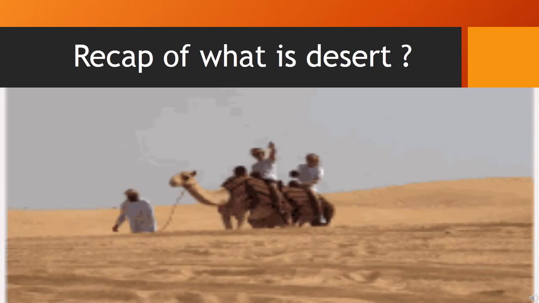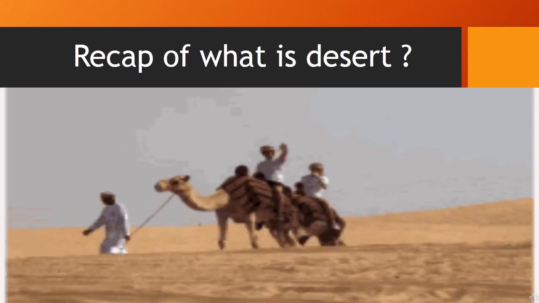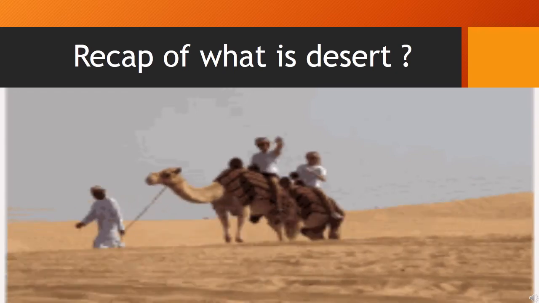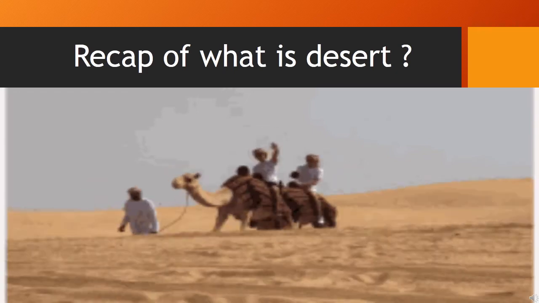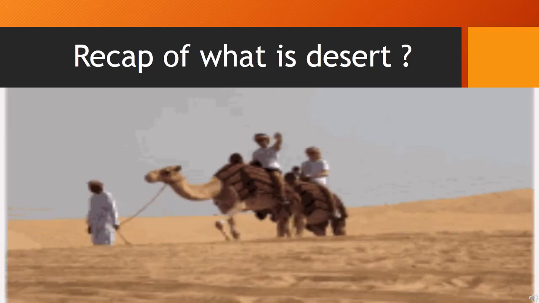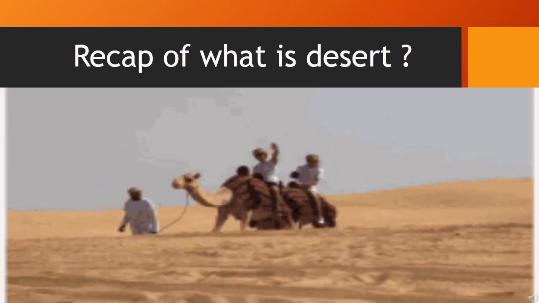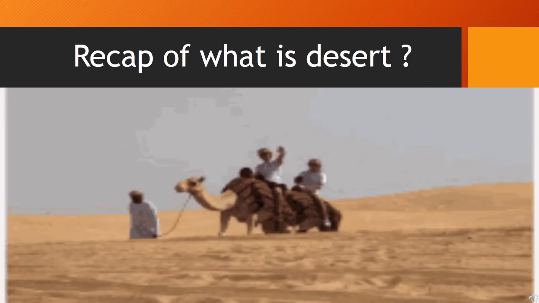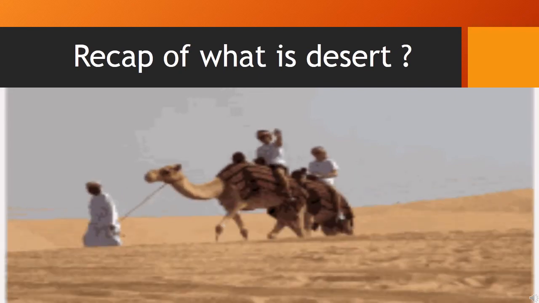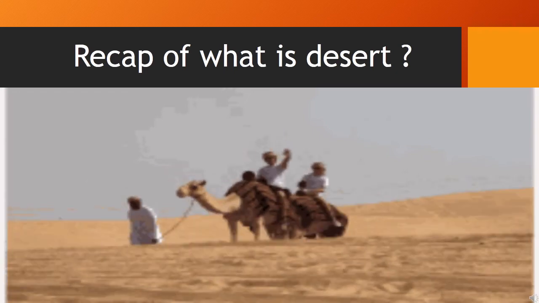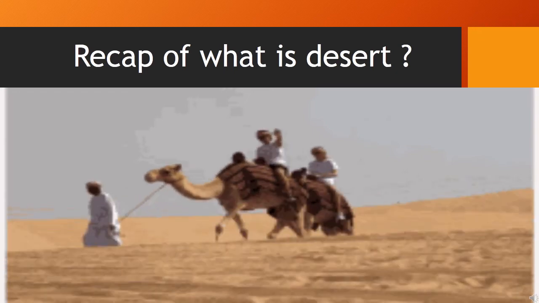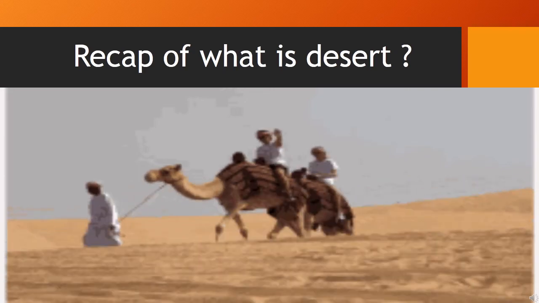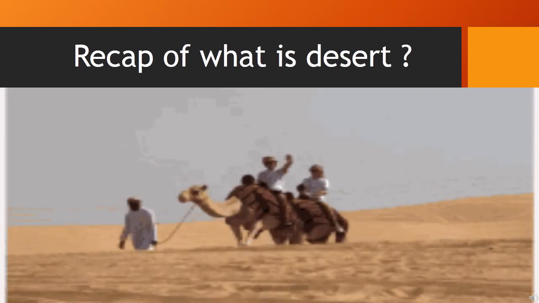Another source defines any region that has a moisture deficit over the course of a year as a desert. Basically, the desert land surfaces are only stones, sand dunes, or, if we talk about the higher latitude areas, they are full of snow. But basically the area which is dry is known as a desert.